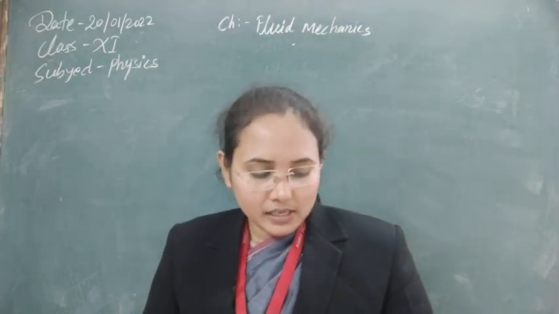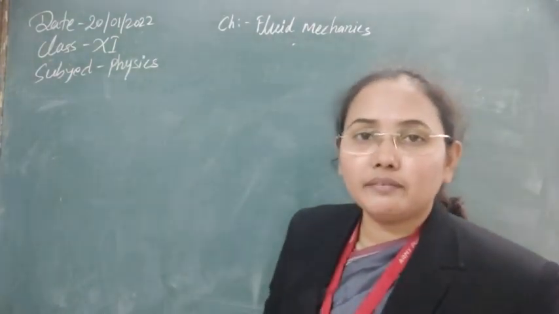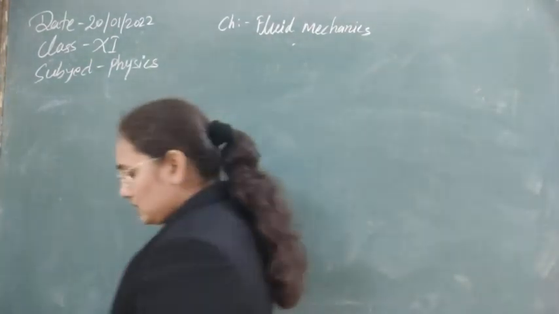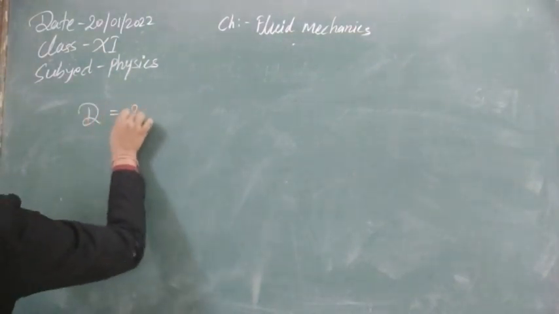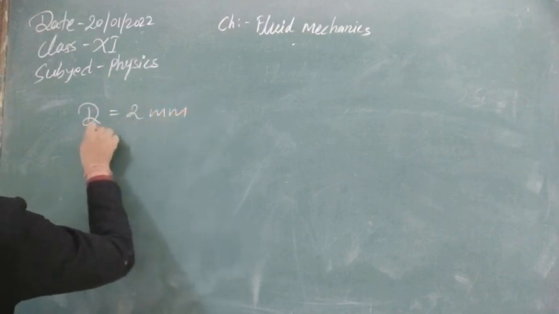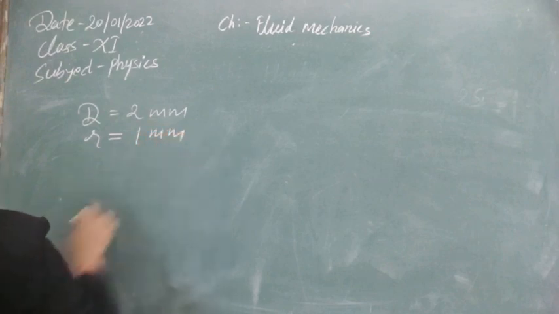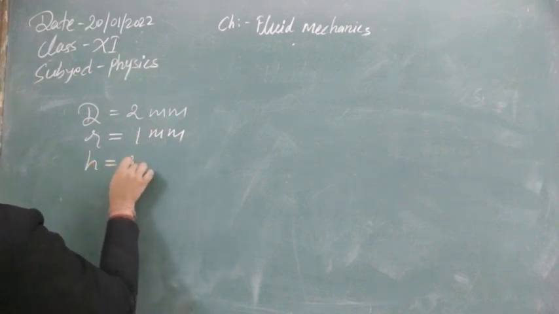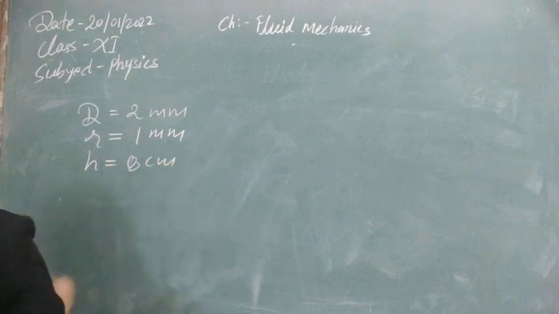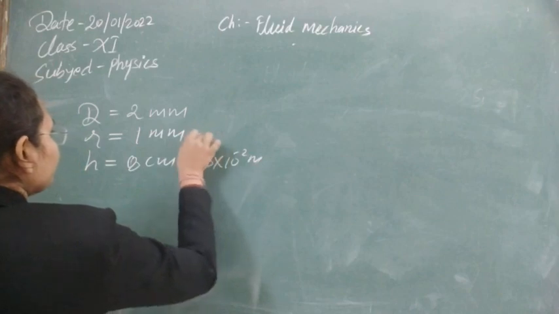This question is the same as the one we just calculated. So let's first write the data for this question. First, a capillary tube has diameter 2 mm, so the radius of the tube is 1 mm. Next, it is dipped 8 cm below the surface of water in a beaker, so the depth is 8 cm, and you can convert it into meter.